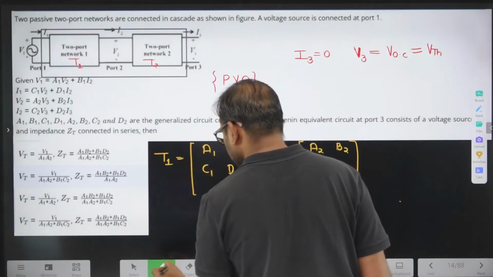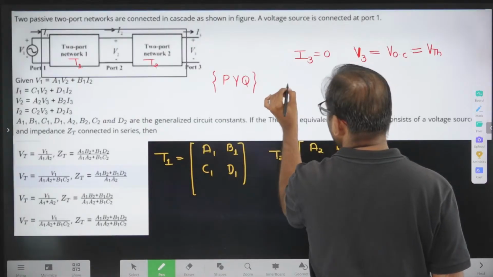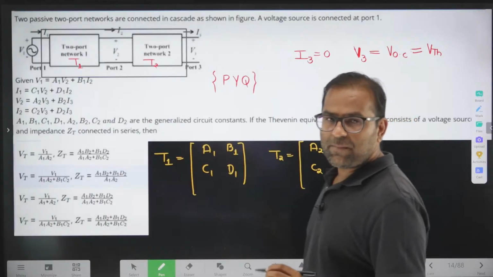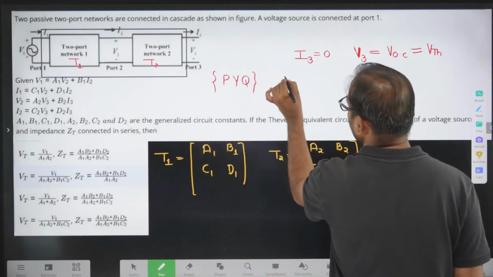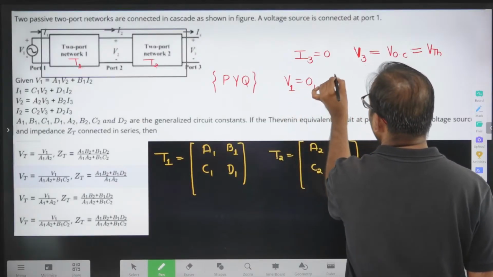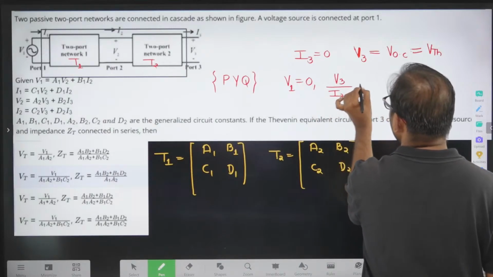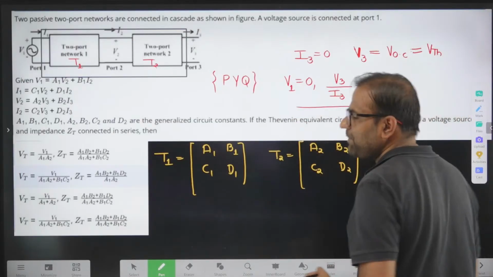And how do we calculate the Thevenin's resistance? That idea is also very simple. To calculate RTH, you have to make your supply equal to 0. The supply is V1, so by making V1 equal to 0, the ratio of V3 divided by I3 gives you the value of RTH. I am using just the basic principle of the Thevenin's equivalent.